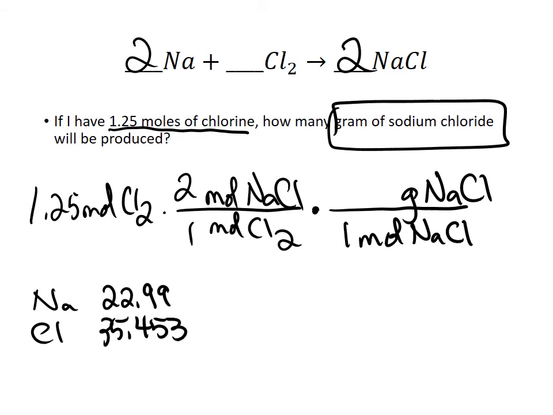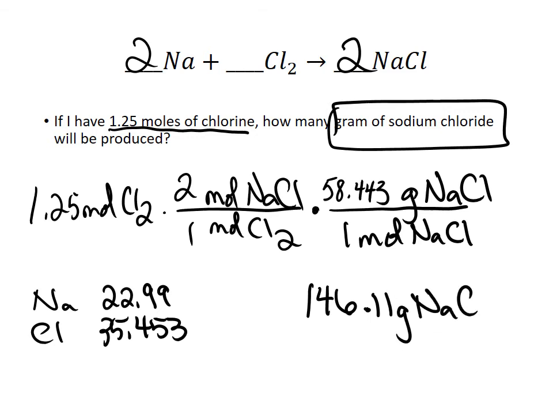So total, I'm adding that up, is 58.443. And that goes there. Now I'm going to say 1.25 times 2 times 58.443. And get my answer to be 146.11 grams of sodium chloride.